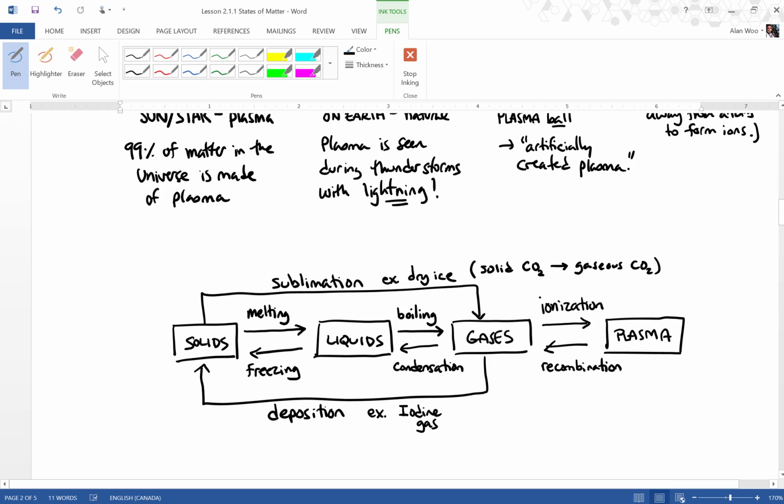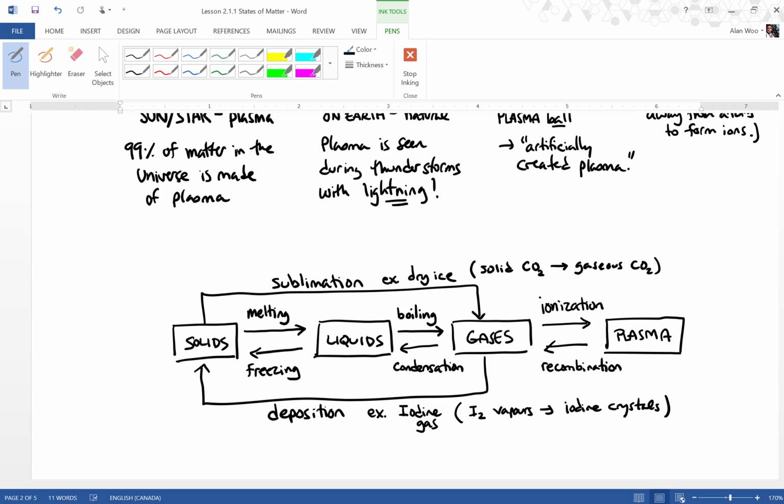Okay. Iodine gas will definitely go from iodine vapors to iodine crystals. And it's a lovely process because the iodine that we have is actually a purple gas, and it creates purple crystals. Okay, that often looks very lustrous and shiny as well.